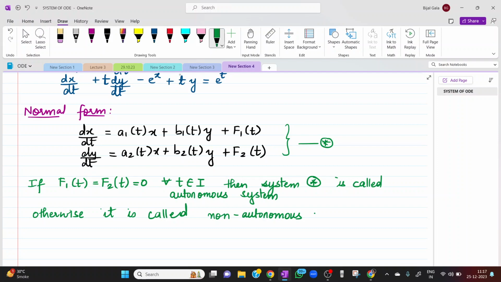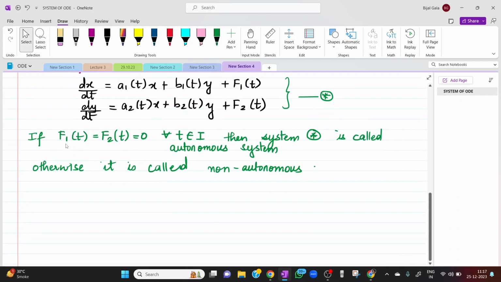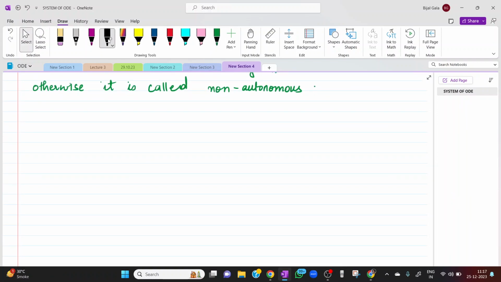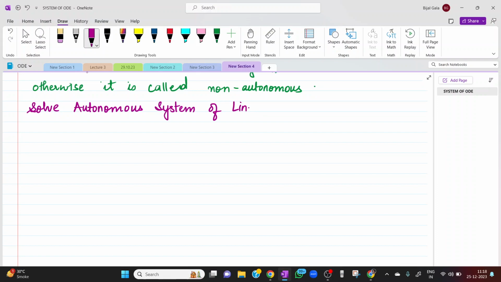So let's learn the different methods here. Our target is going to be to solve autonomous systems of linear ODE with constant coefficients.